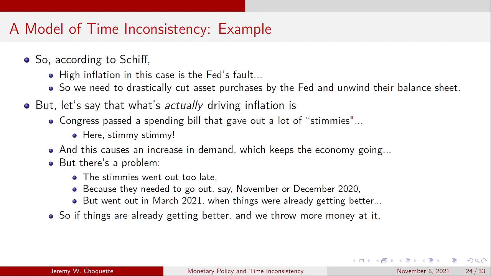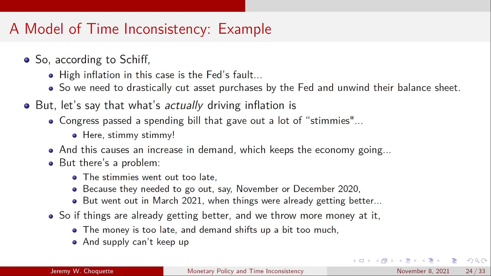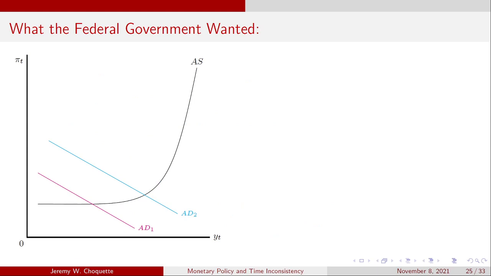So if things are already starting to improve, but then we're throwing more money at it, the money's too late, then demand could shift up a bit too much, supply can't keep up, and you have high inflation. And if at the same time supply can't keep up and people don't necessarily want to return to work just yet for a plethora of possible reasons, you're going to have a real problem, right? Essentially, high demand, low supply. That's not going to be a good thing, right?